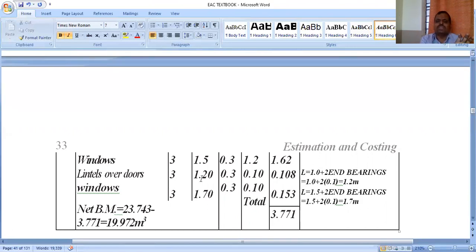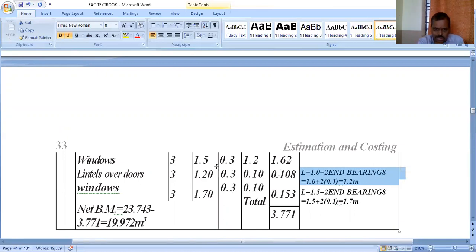Now, if you observe, the length of the door is 1 meter. But we have to provide end bearings of 0.1 meter on both sides. For that purpose, I have shown the calculation as length equal to 1, that is the length of the door, plus 2 end bearings, that is 1 plus 2 into bracket 0.1. So the length will be 1.2 meter.